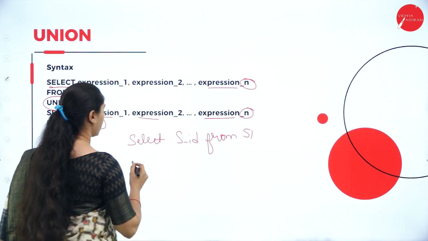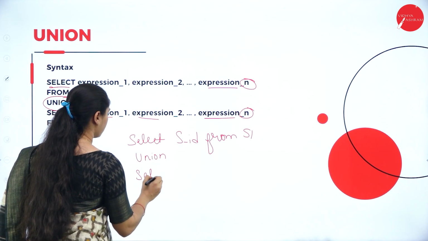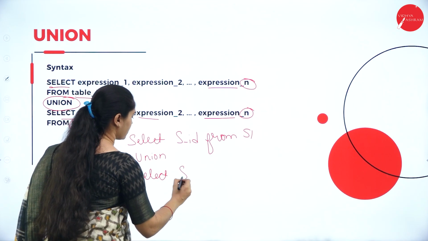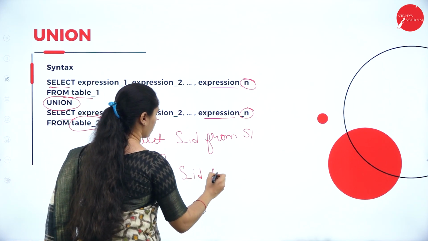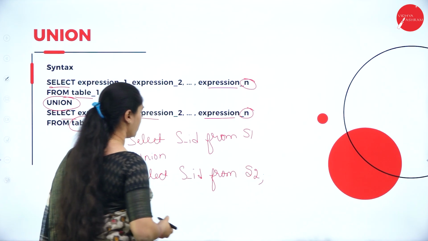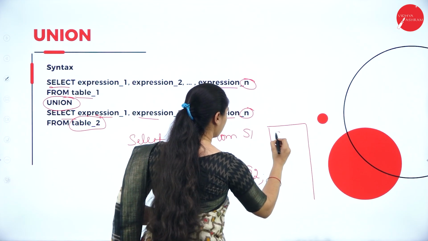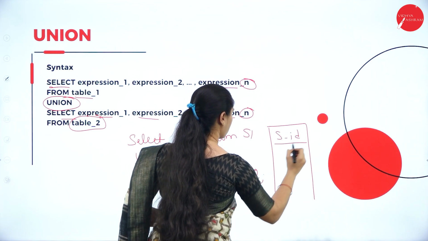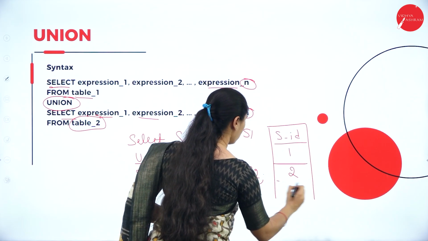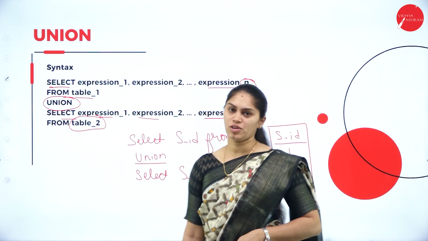Table name is S1. And I am using the union operation. Select student ID from S2. What are we going to get as the resultant for this? I am going to get the student IDs which are unique. 1, 2, 3. This is how the union operation will perform.